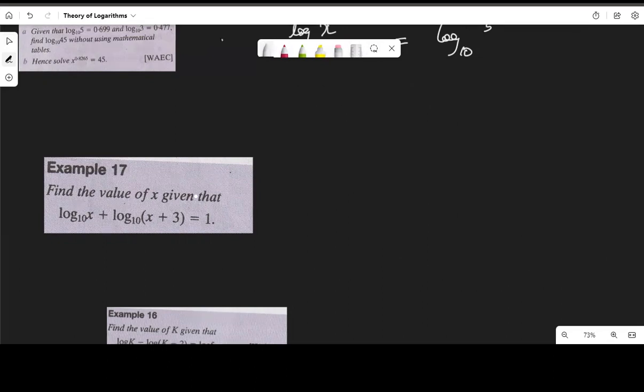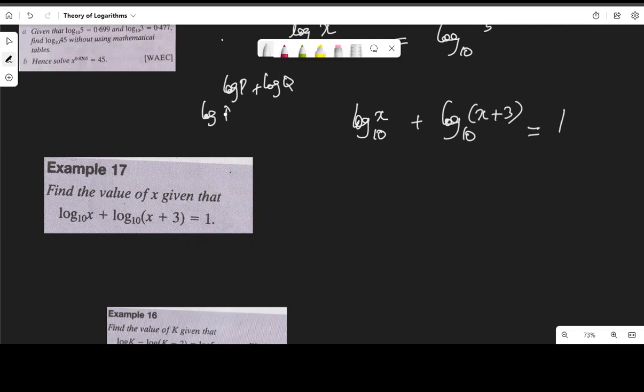Let us find the value of x given that log x to base 10 plus log x plus 3 to base 10 is equal to 1. So apply the law of logarithm that says log p plus log q is log p times q.